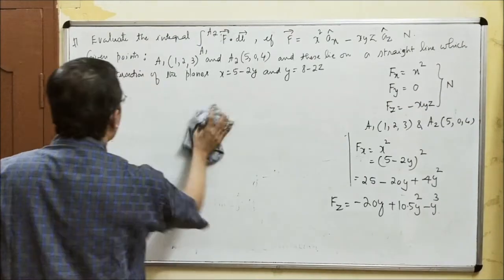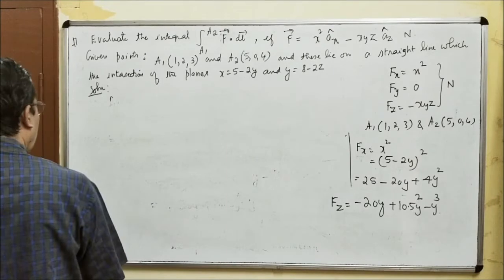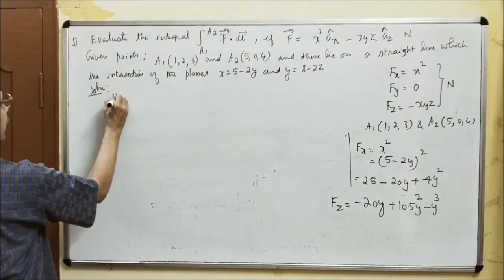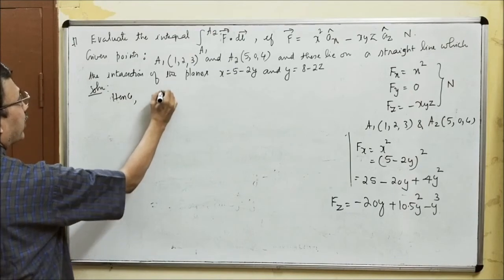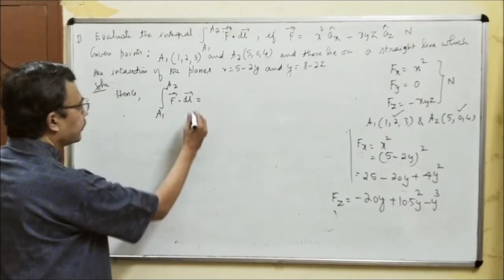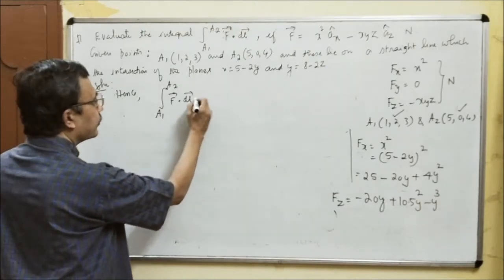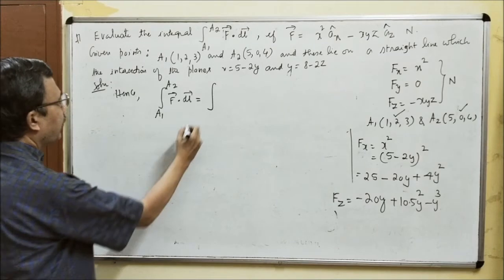Now we will proceed to evaluate this integral. Hence, the integral from a1 to a2 of vector F dot dL equals the integral from a1 to a2.